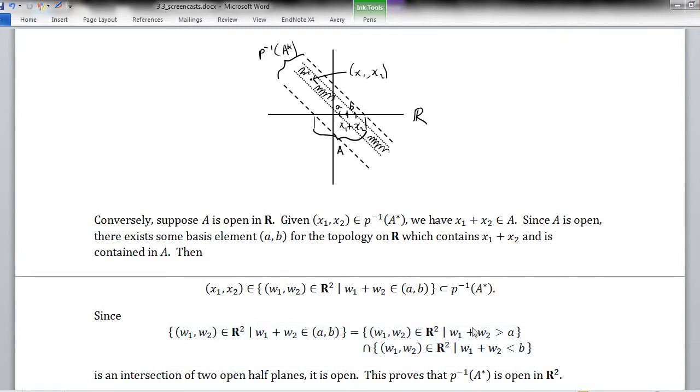But each of these sets is an open half-plane, and we've proven before that an open half-plane is an open subset of R2. And the intersection of two open sets is open. Therefore, this set is open, and put that together, you get that P inverse of A star is open in R2. And that completes our proof.